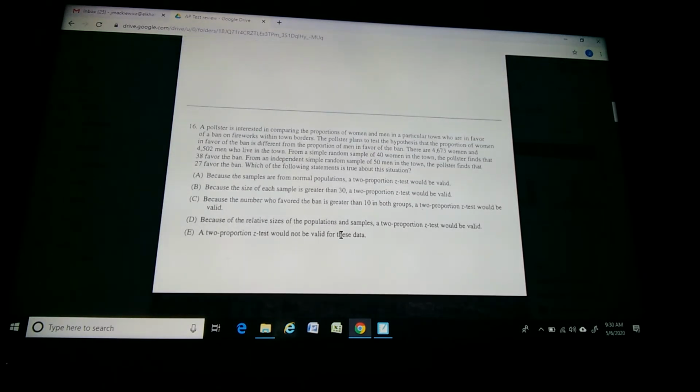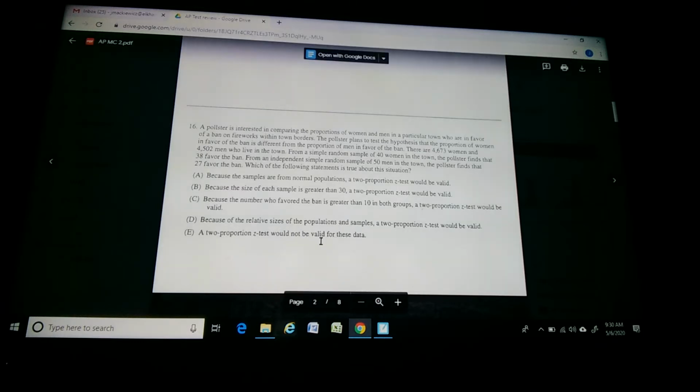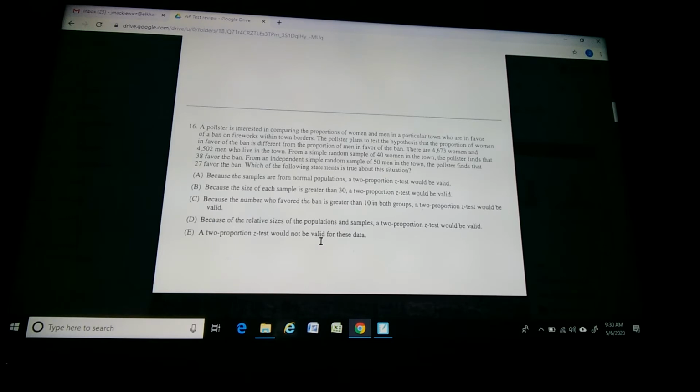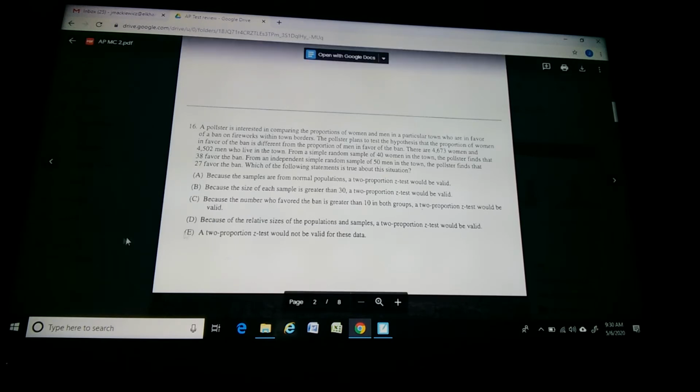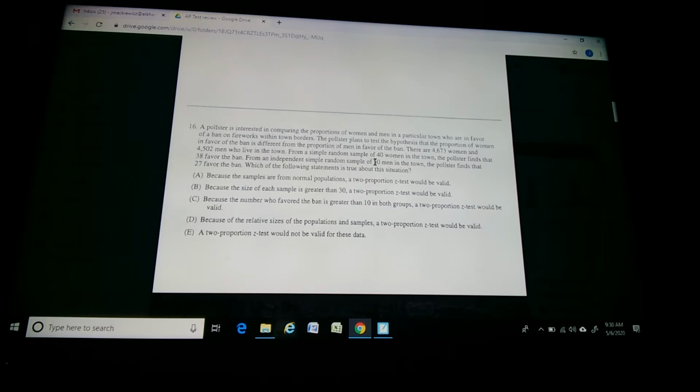This one turns out to be E. And this is the conditions do not check. We do not have a large enough sample size. We have a sample of 40 and we have a sample of 50.